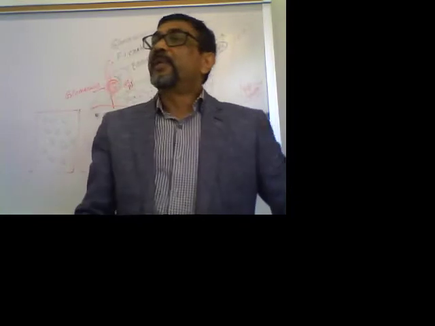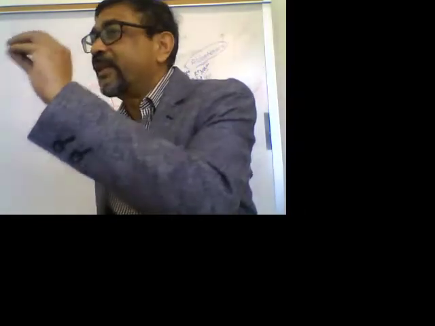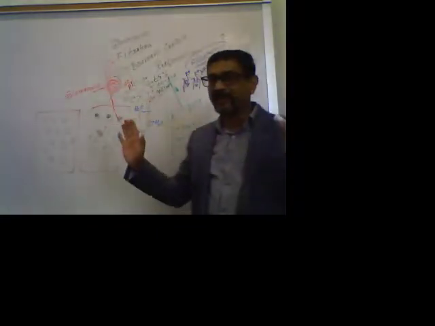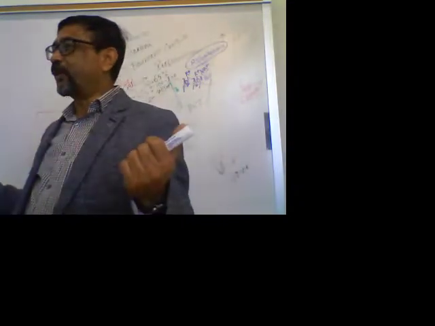So now if the aldosterone is secreted more, sodium is reabsorbed here in this part. This is very important. More sodium is reabsorbed, taken back into the body, and sodium takes water with it. So more water is reabsorbed. Is it clear? So more water gets back into the body.